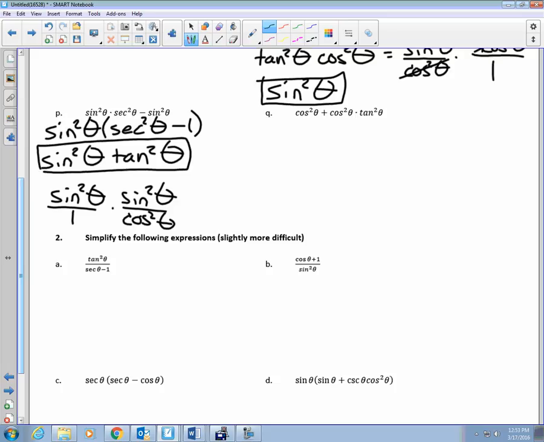So just realize sometimes it's not going to simplify as far as you would like it to. We're not going to write it as sine to the fourth over cosine squared. That doesn't really help us at all. I think that's probably the best one.